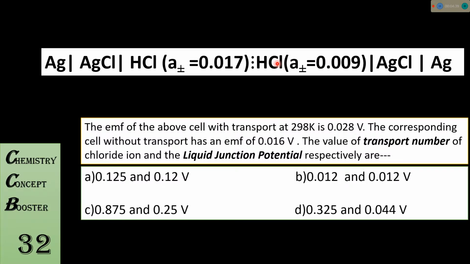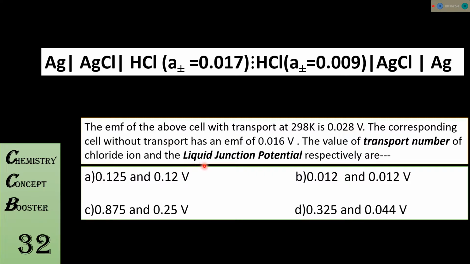See, this is a concentration cell. We know already that an electrochemical cell consists of two half cells.